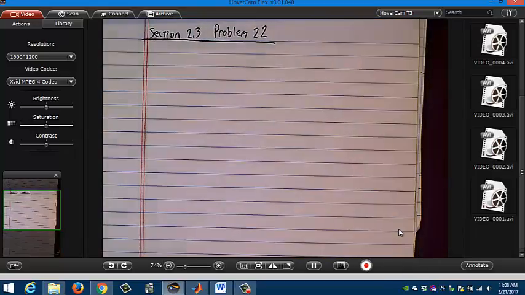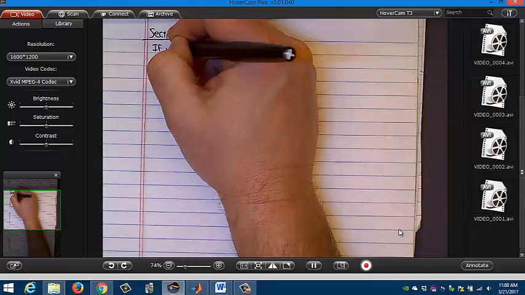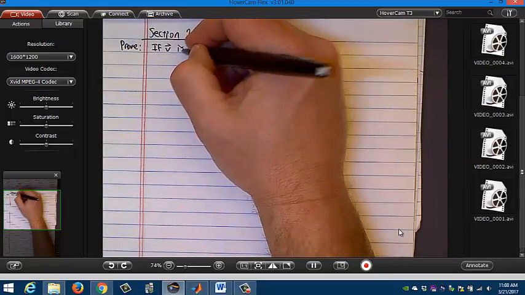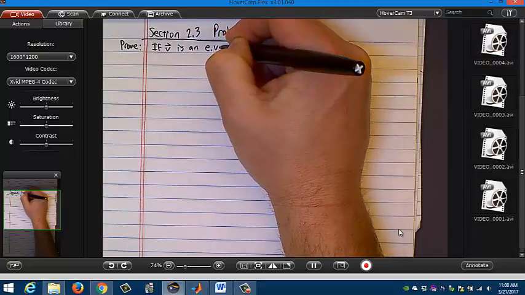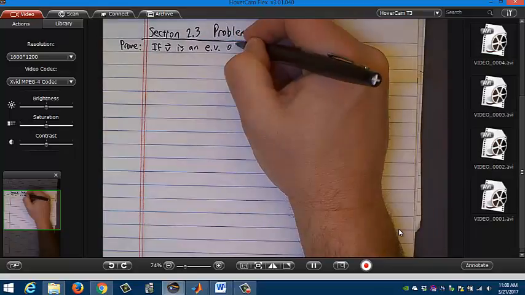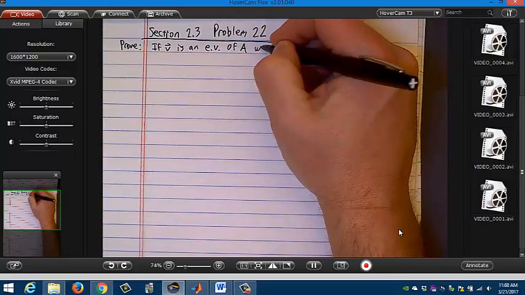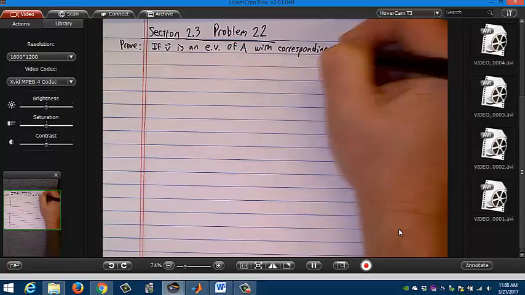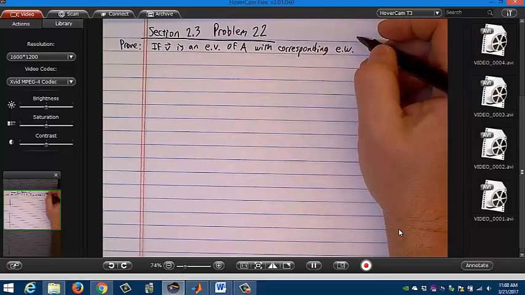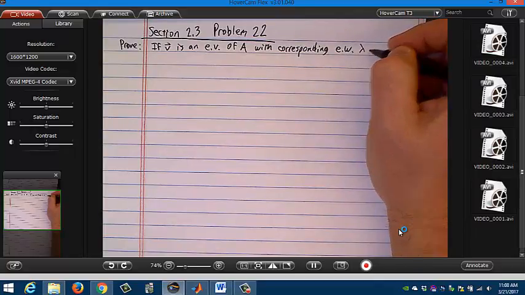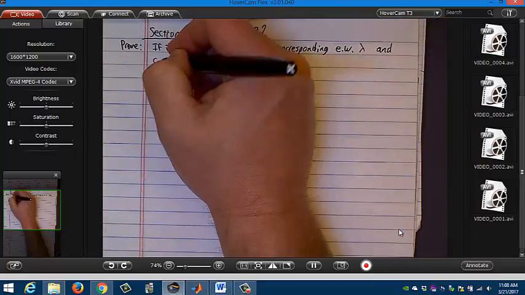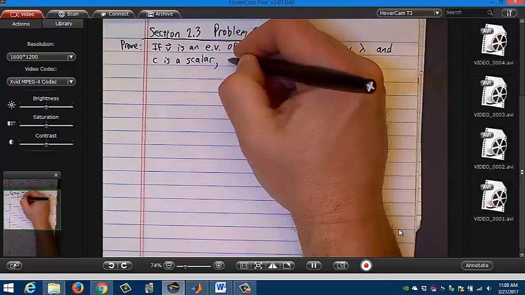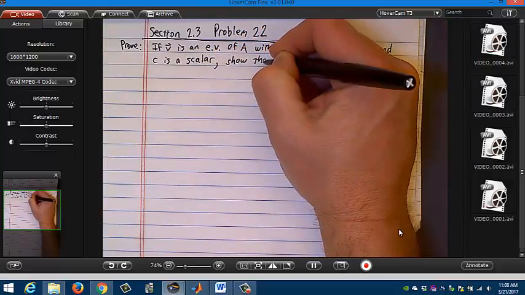It's a statement that's dear to my heart here. We want to prove this: if v is, and I'm going to continue to use my shorthand, an eigenvector of A with corresponding eigenvalue lambda, and c is a scalar, you could try and do this too, Mitchell, if you want.